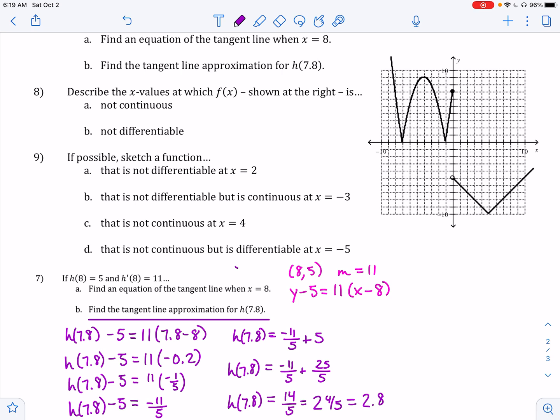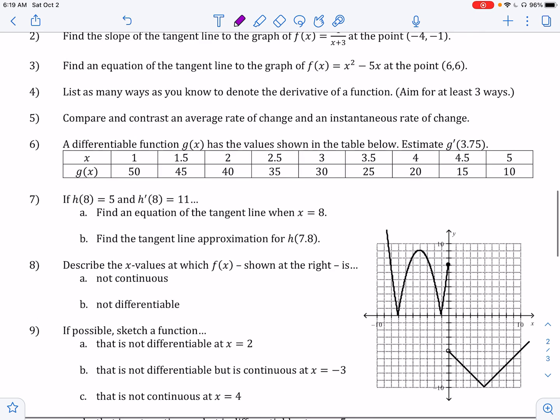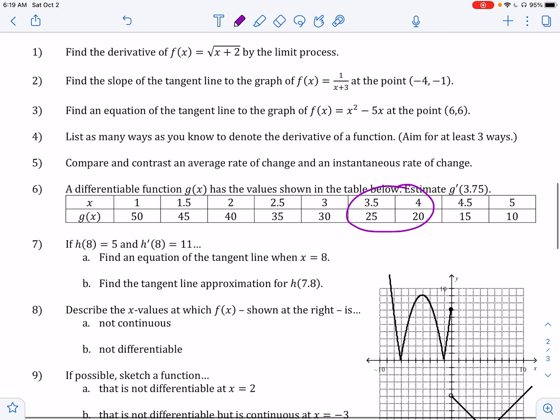Or some of you would say, which is probably better notation, it is continuous everywhere except. And then most of you were pretty decent about estimating a derivative using the average rate of change. So using these values and your equation for average rate of change to estimate the instantaneous rate of change at that point. Some of you need to look back at ways to denote the derivative of a function.